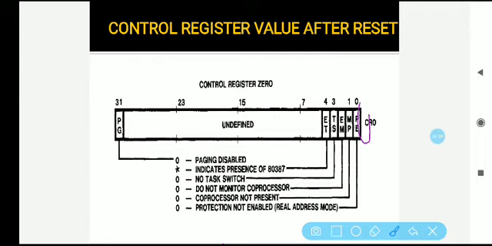So understand this. This is the important bit, the PE bit. If it is 0, then your processor is in real mode, and if it is 1, then the processor is in protected mode. So when the reset pin is applied, your processor always starts in real mode.